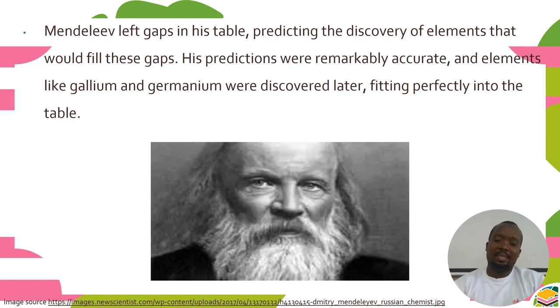As you can see, there's a picture there of Dmitri Mendeleev, the Russian chemist. So as you can see, people attempted to design the periodic table. They were bringing in more ideas on the elements.